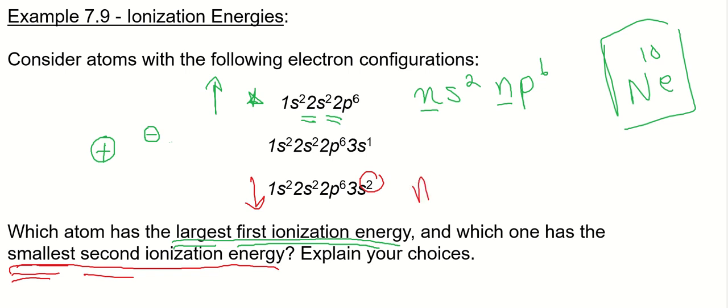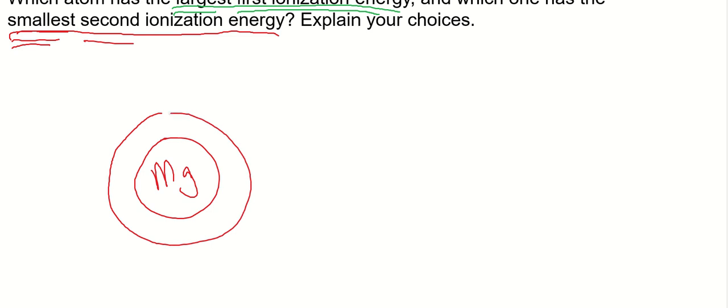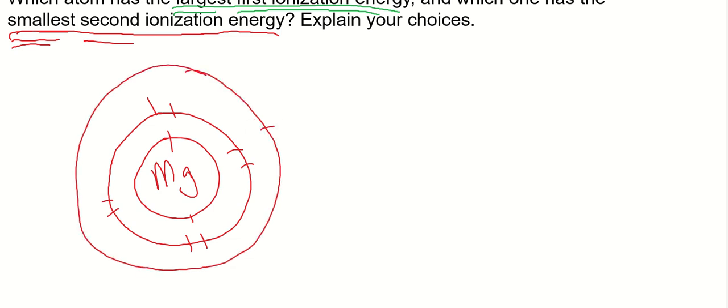So this one happens to be magnesium with 12 electrons, and I'll just draw this out for you using kind of a Bohr model. So 12 electrons, 2 is going to go in the first energy level, 8 in the second one. I'll just draw them out real quick. We know they're not in orbits like this, but magnesium has 2 valence electrons in n equals 3.